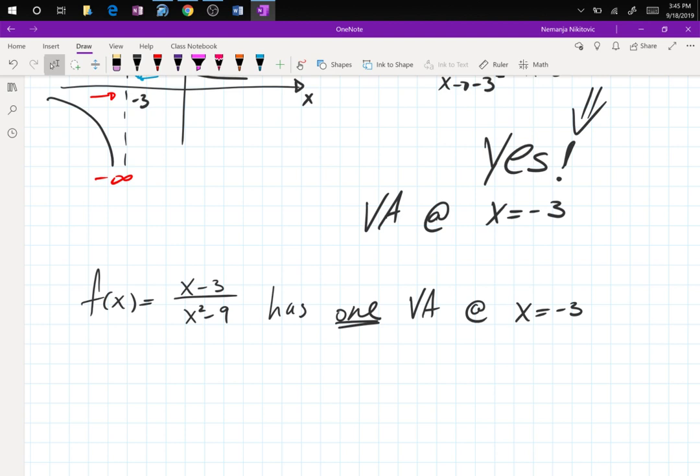Wait a second, and it should provide you with the graph. Yeah, that's the problem. Come on.